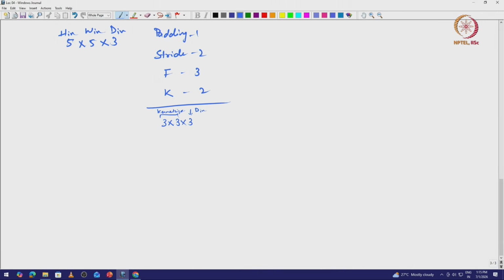This is repeated twice, this is your K, which is the number of filters. So 3 cross 3 cross 3 into 2, and for each of these plus 2 for the biases. Now these are the number of weights that need to be learnt in this particular convolutional operation.